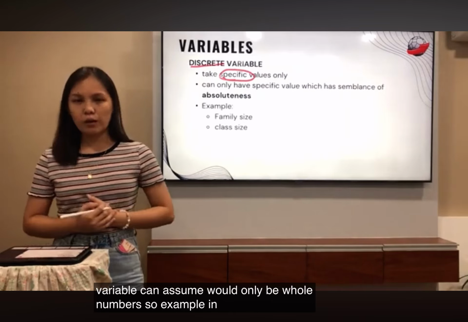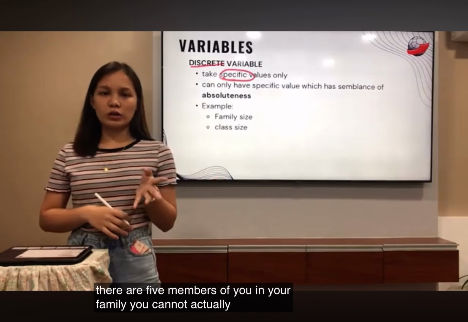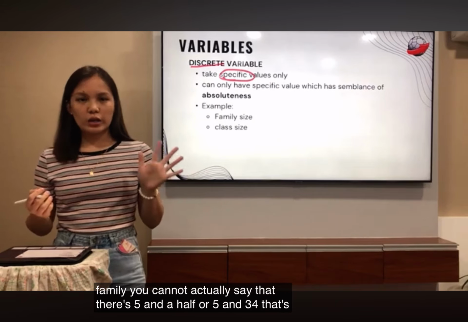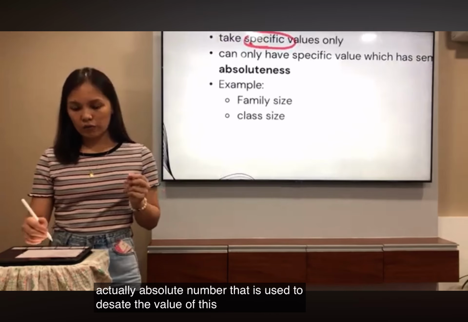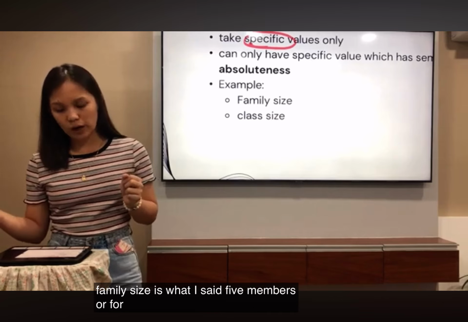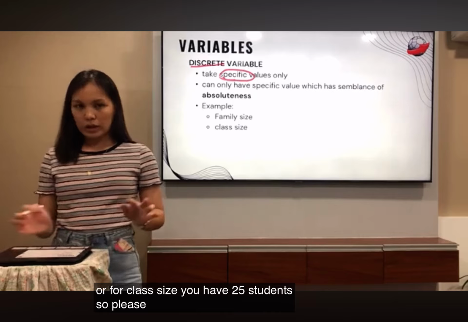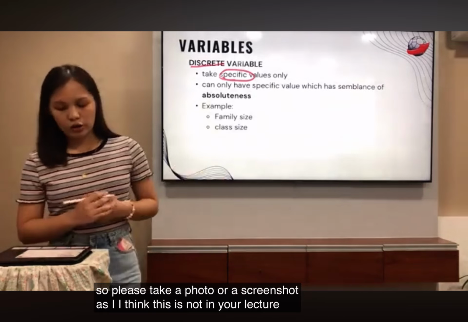So for example, in family size, if there are 5 members in your family, you cannot actually say that there's 5.5 or 5 3/4. That's actually an absolute whole number that is used to designate the value of these variables. Like for family size, as I said, 5 members, or for class size, you have 25 students. So please take a photo or a screenshot, as I think this is not in your lecture notes as well.